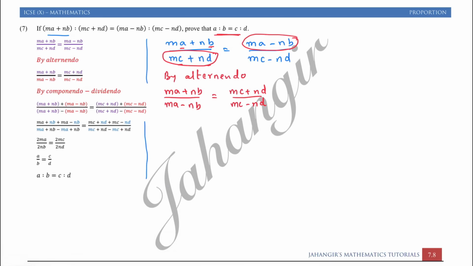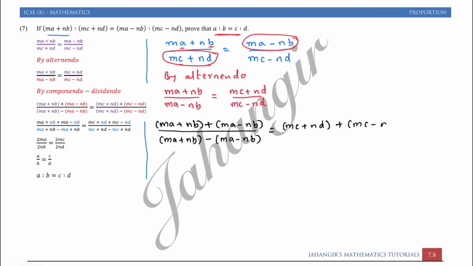To do componendo dividendo, we will write numerator (MA plus NB) plus denominator (MA minus NB) whole upon numerator (MA plus NB) minus denominator (MA minus NB), that is equal to (MC plus ND) plus (MC minus ND) whole upon (MC plus ND) minus (MC minus ND).